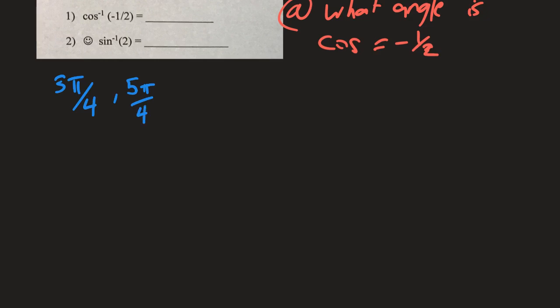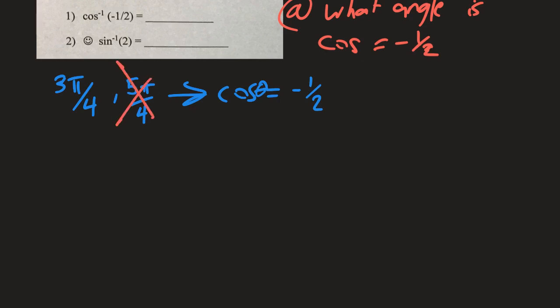Okay, so there's two solutions basically. Both of those have cosine equal to -1/2, right? But one of these is not correct. And if we reflect back on our domain, we'll discover that one of these does not belong, all right? And it's going to be this one that doesn't belong.